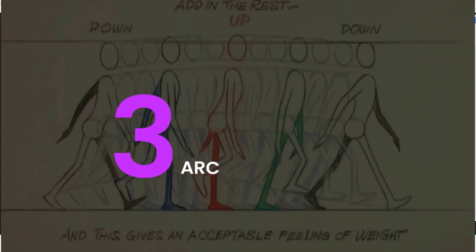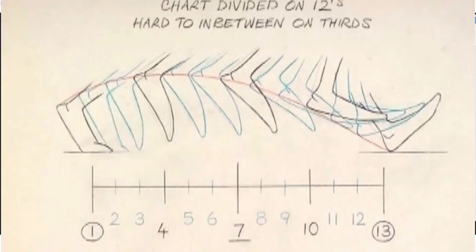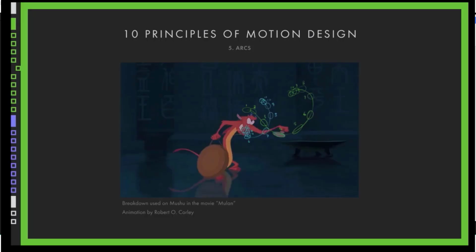The third principle is the principle of arc. Most human and animal movements follow an invisible arc or closely circular path. So do thrown objects and projected objects.